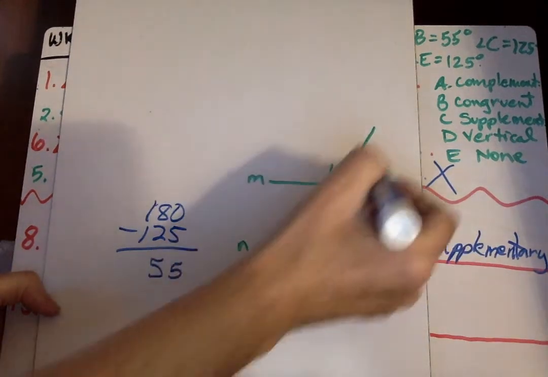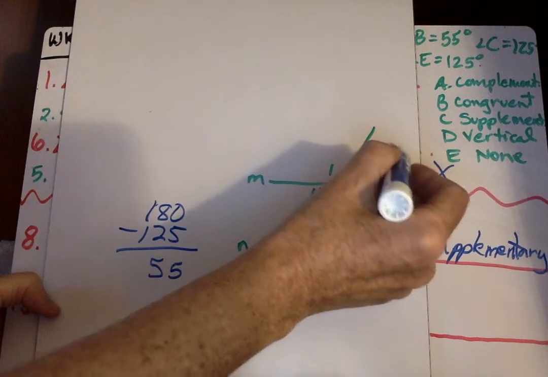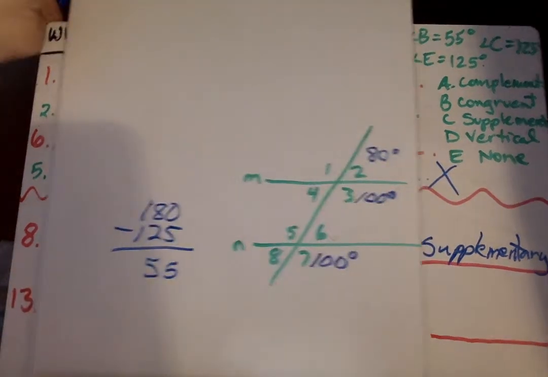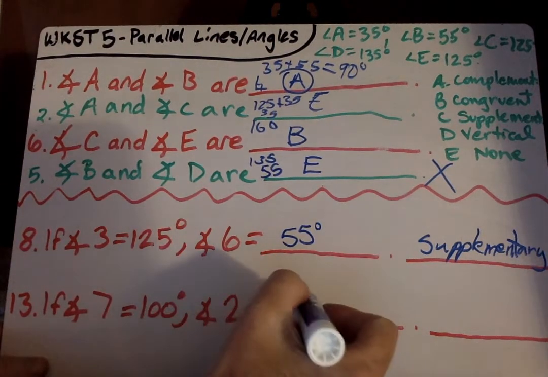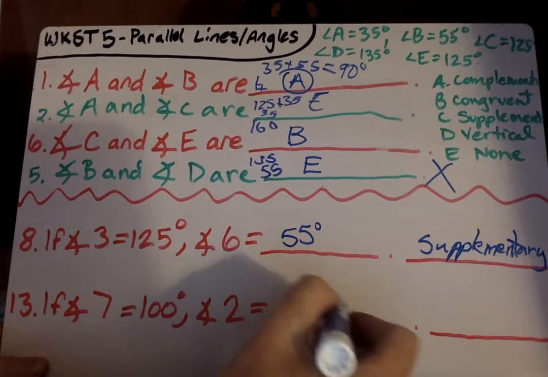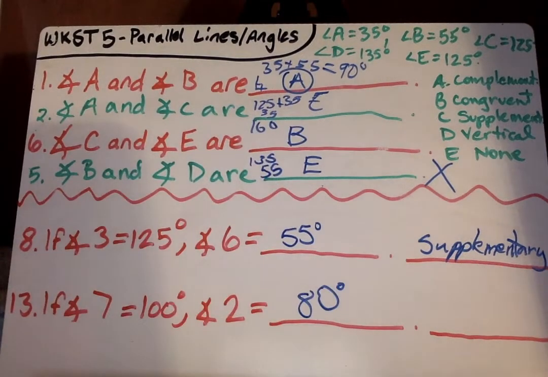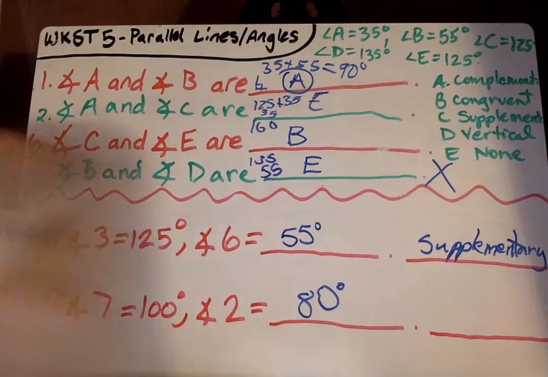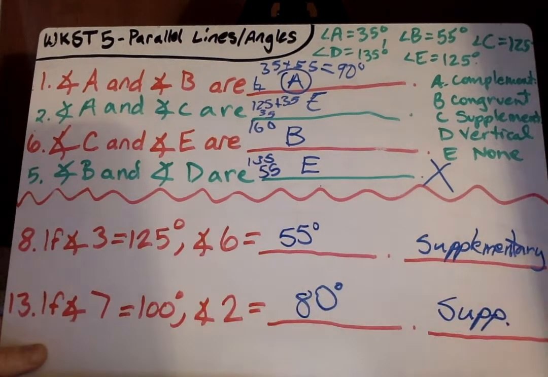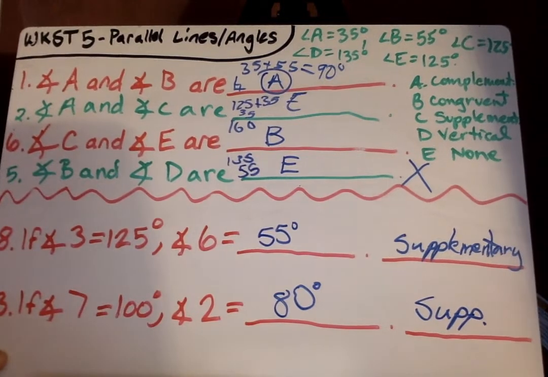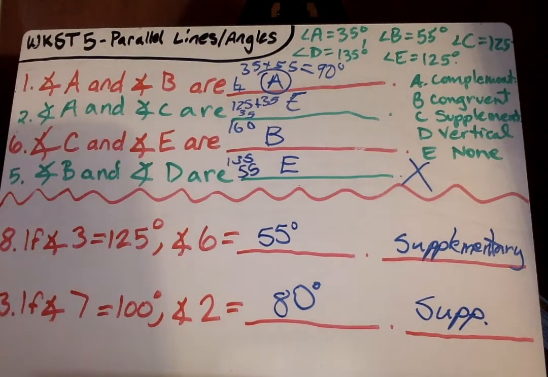So to make a straight line, angle 2 has to be 80 degrees. So then back to here, angle 2 is 80 degrees, and those two are going to be supplementary. I'm just going to write sup for supplementary.